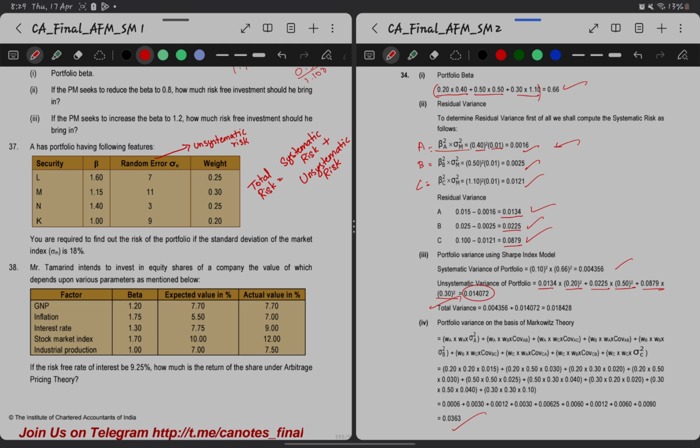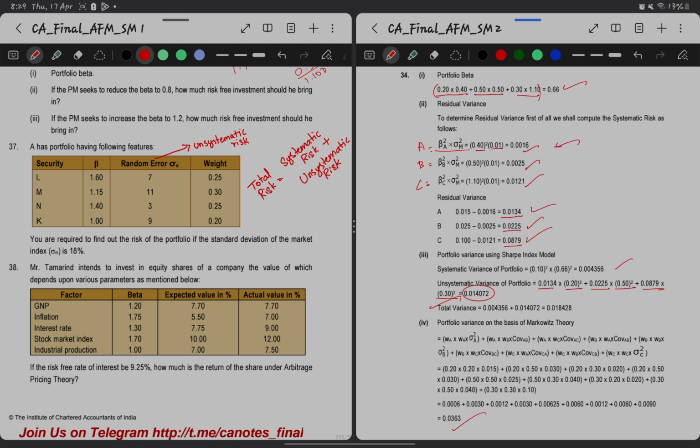One is that this assumes the Sharpe index model, wherein the risk is divided into systematic and unsystematic portions. Systematic mostly depends on the market beta, but the unsystematic portion depends on company-specific information.